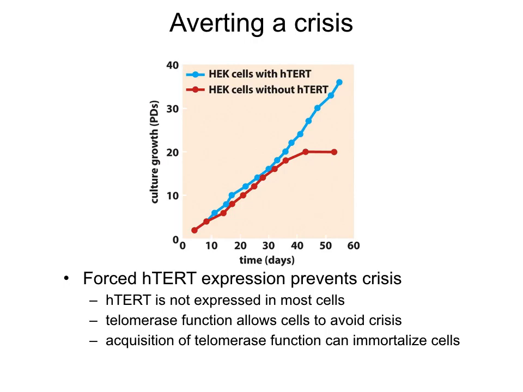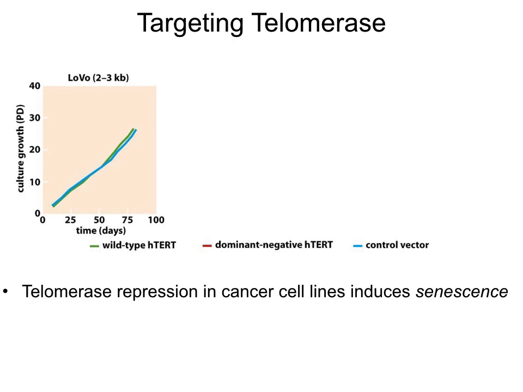So if you actually look at a variety of cancer cell lines that have TERT expression, adding more wild-type TERT does not affect their ability to proliferate.